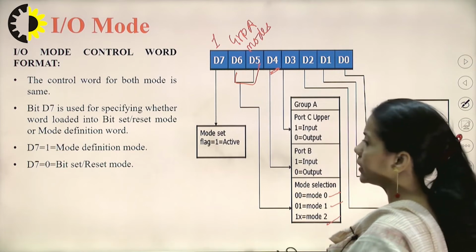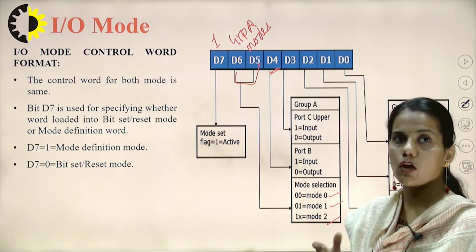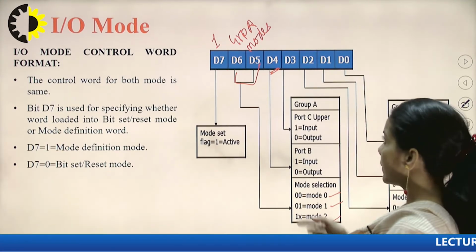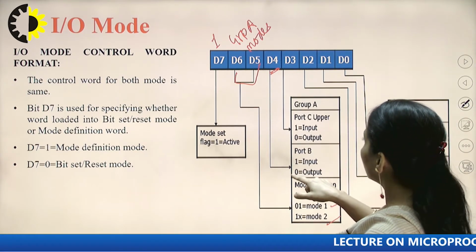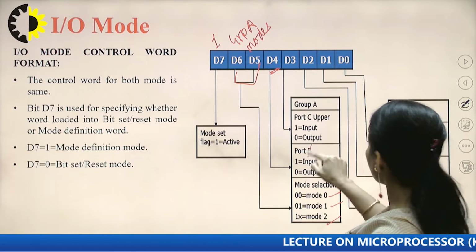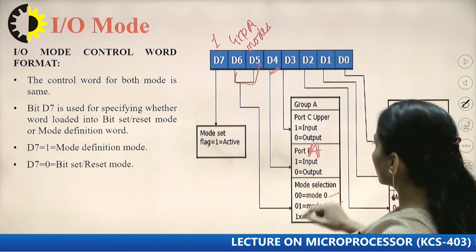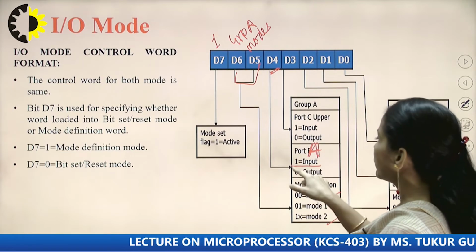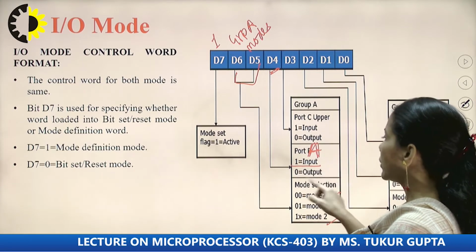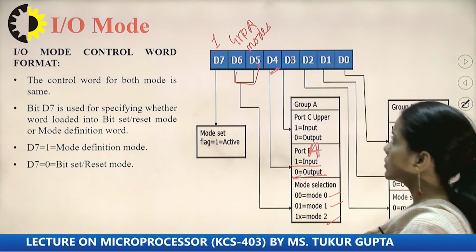Now this bit defines the input or output status of port A. This is group A, so this is port A. If port A is input, it should be 1. If we want to configure port A as output, this should be 0.